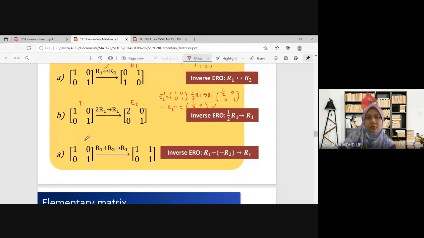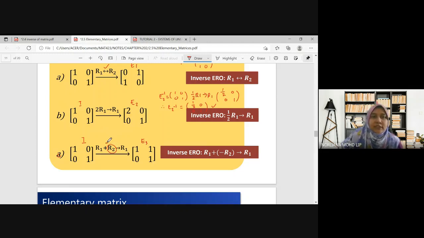So, ni untuk contoh yang ketiga. Identity to E3. Untuk elementary yang ketiga. Okay, using operation row 1 plus row 2 transform into row 1. So, kat sini yang kita perlu ubah the sign for row 2 lah.